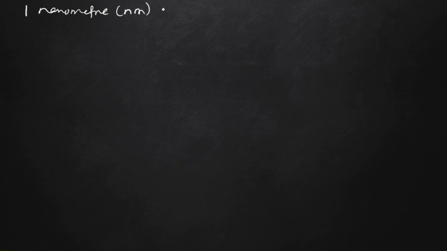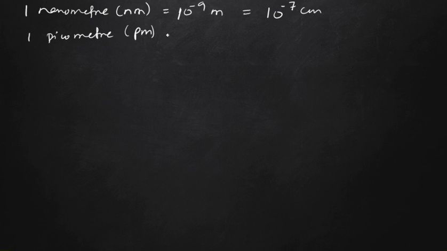This gives us 10 to the power minus 9 meter. And the last one is 1 picometer, pm. It will be 10 to the power minus 12 meter. Fine, so we have got the definition of meter.